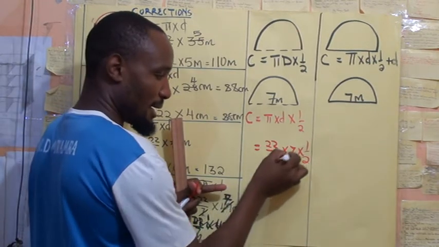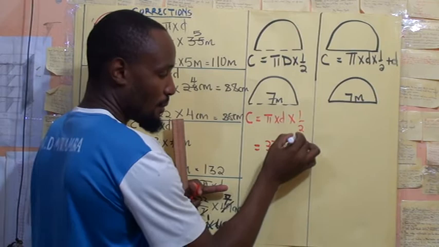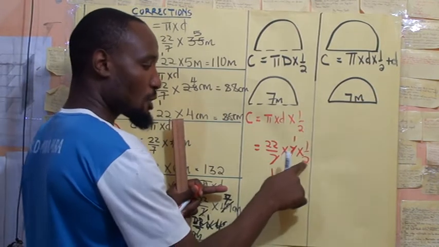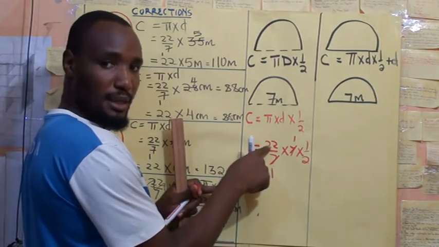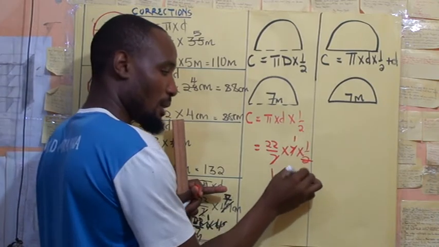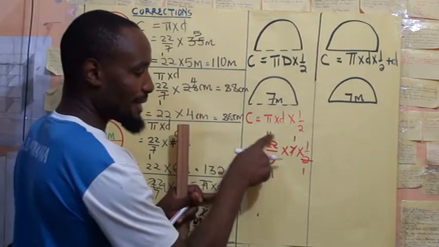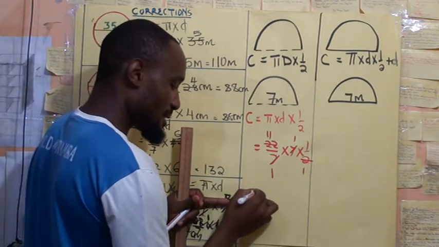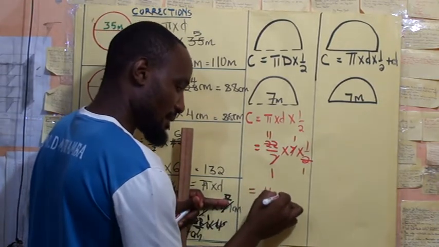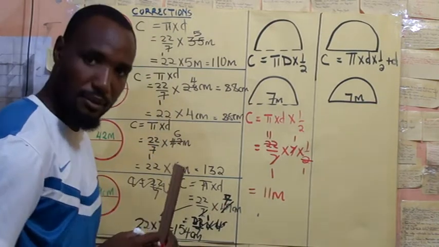7 here, 1. 7 here, 1. These two can simplify 22. How many times? 2 here, 1. 2 here, 11. So what do you have? You have 11 times 1 times 1, which is just 11 meters. What have I said?